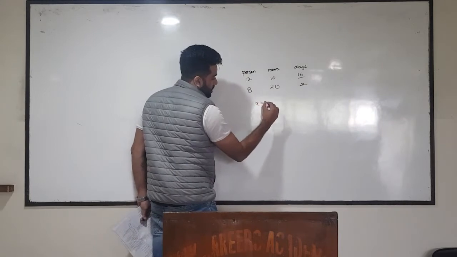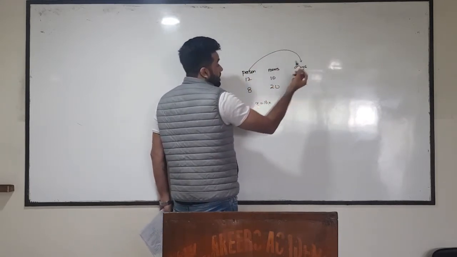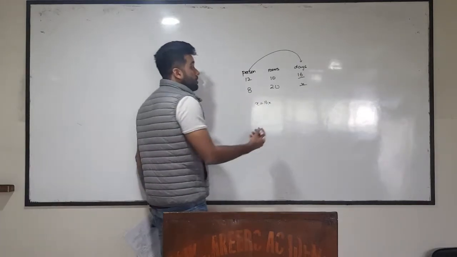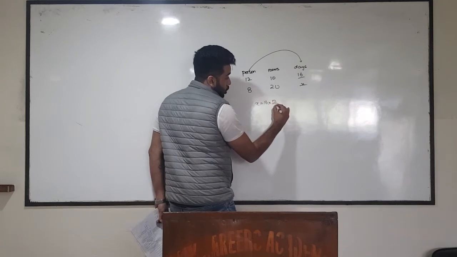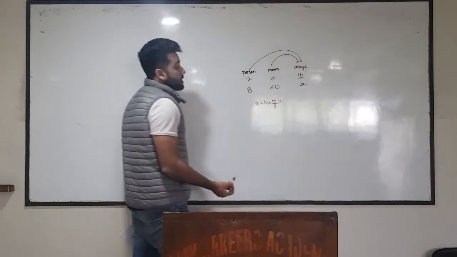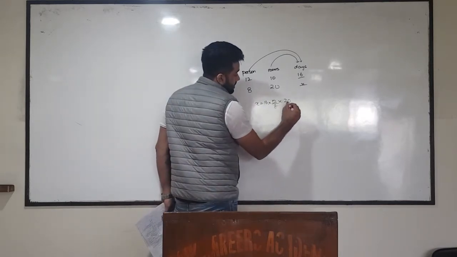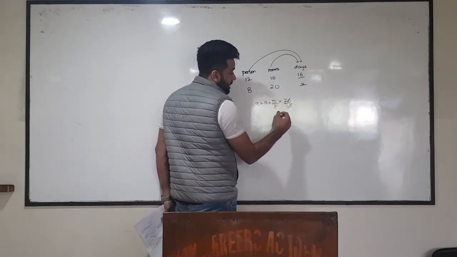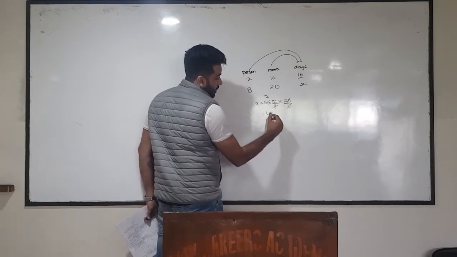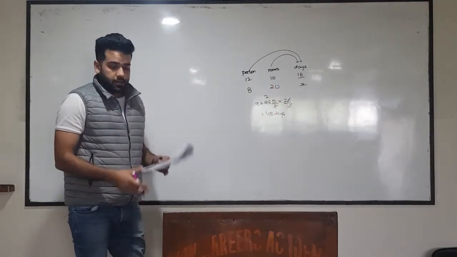So X equals 16. 12 persons take 16 days to finish the work, so 8 persons will take more days, obviously. 10 rooms take 16 days, so 20 rooms will take more days. If I cancel it, 2 remains here, cancelling this, what do we get? 48 days. Is that clear?